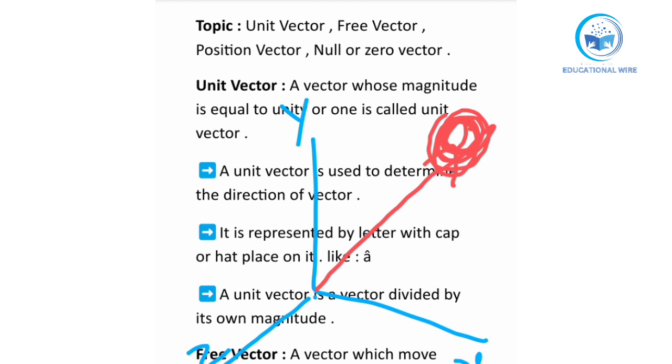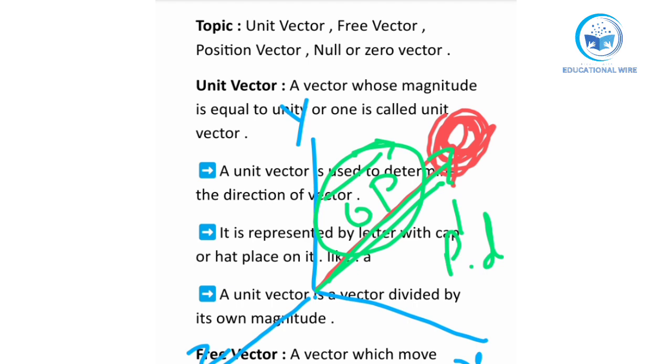So it has a proper line, a particular direction, and this is its magnitude. Having magnitude and particular direction, represented with a line. This is its particular direction. Having a line and magnitude, it's called a position vector.